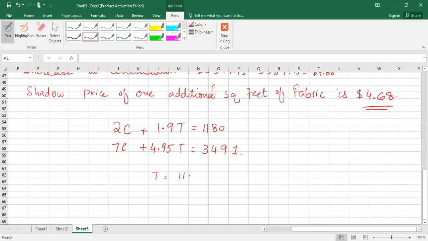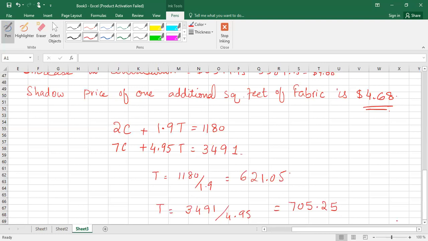So T is equal to 1180 by 1.9, which is 621.05, and here T is equal to 3491 divided by 4.95, which is 705.25.